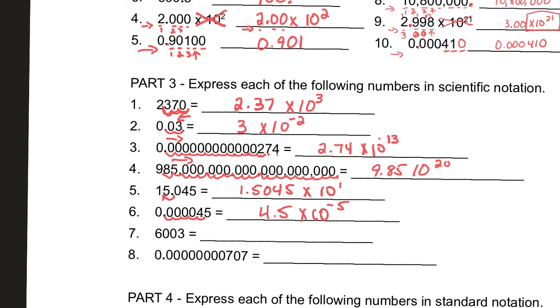Number 7. Scientific notation. The decimal I'm going to draw in. I'm going to need to move it 1, 2, 3. So 6.003 times 10 to the third. The last one, number 8.